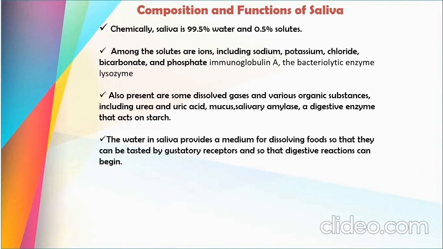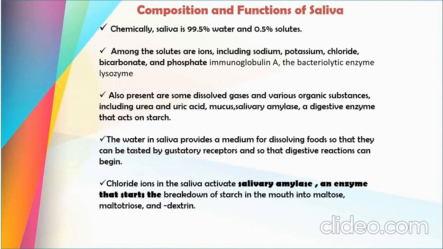The water in saliva provides a medium for dissolving foods so that they can be tasted by gustatory receptors and so that digestive reactions can begin. Chloride ions in the saliva activate salivary amylase, an enzyme that starts the breakdown of starch in the mouth into maltose, maltotriose, and dextrin.